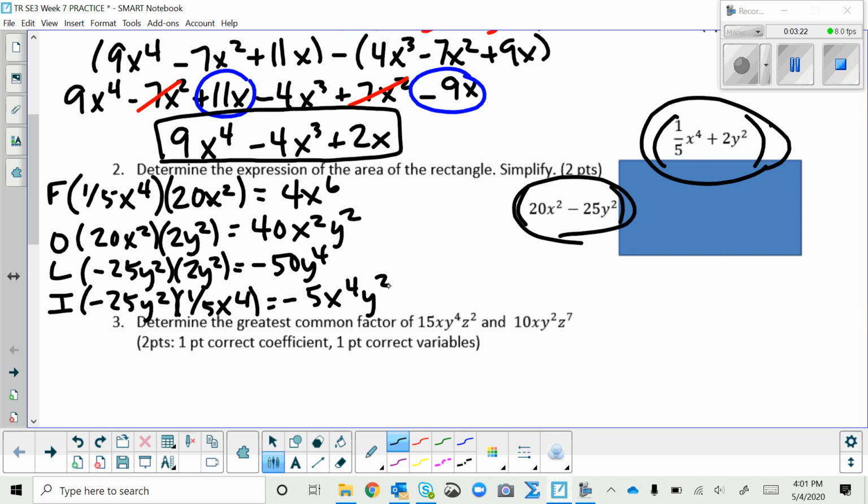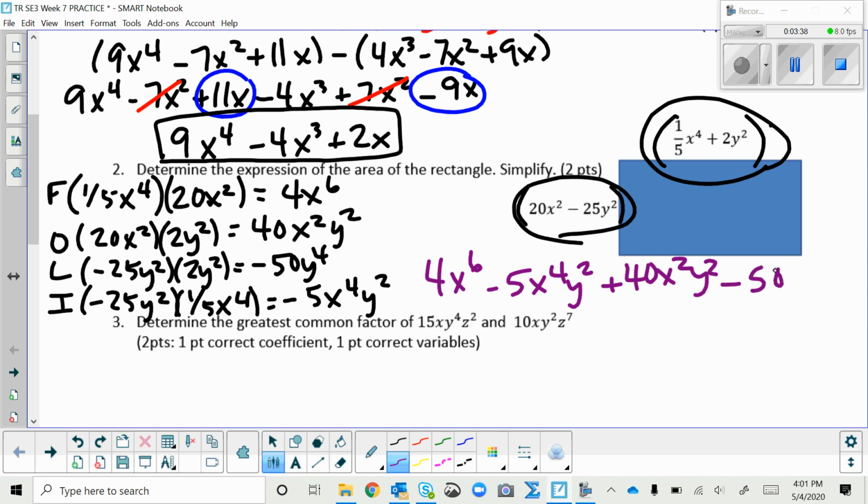Nothing combines, so your final answer is this. 4x to the 6 minus 5x to the 4y squared plus 40x squared y squared minus 50y to the 4. It's ugly, but manageable.